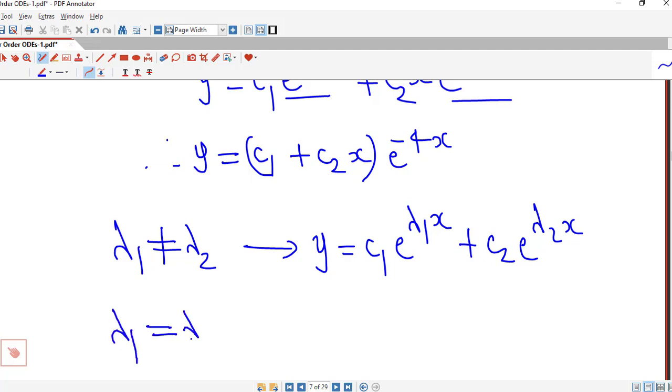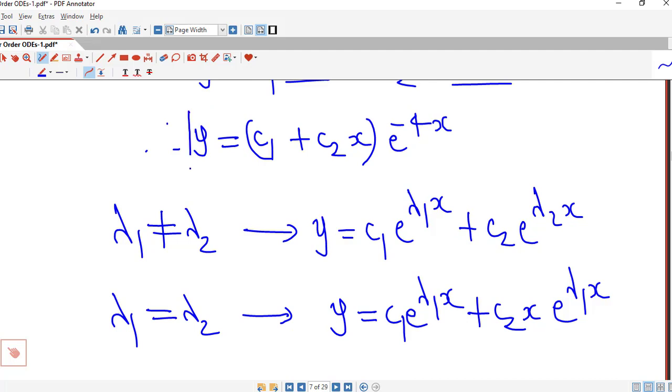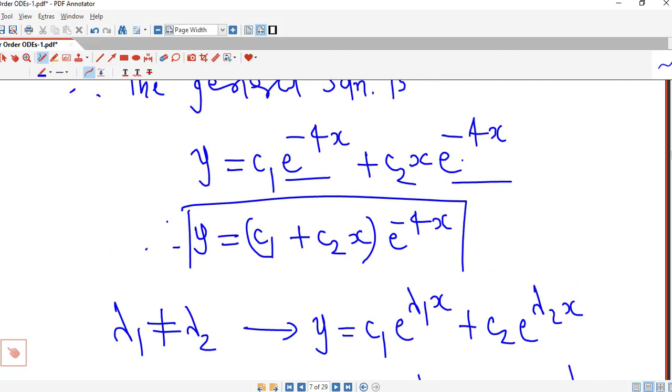If lambda 1 and lambda 2 are real and equal, then the general solution is y equal to c1 e raised to lambda 1x plus c2 e raised to lambda 1x, but here we should multiply with x. As in this case, c1 e raised to minus 4x, e raised to minus 4x is repeated here, so here we multiply by x. So these are the first two cases.